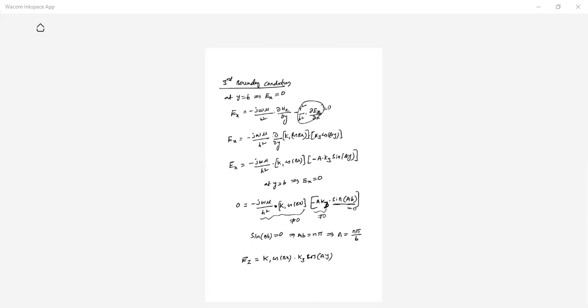Already we know A is equal to n pi by b, then our Ez becomes k1 cos bx into k3 cos n pi by b into y. Now this is the equation after the third boundary condition.